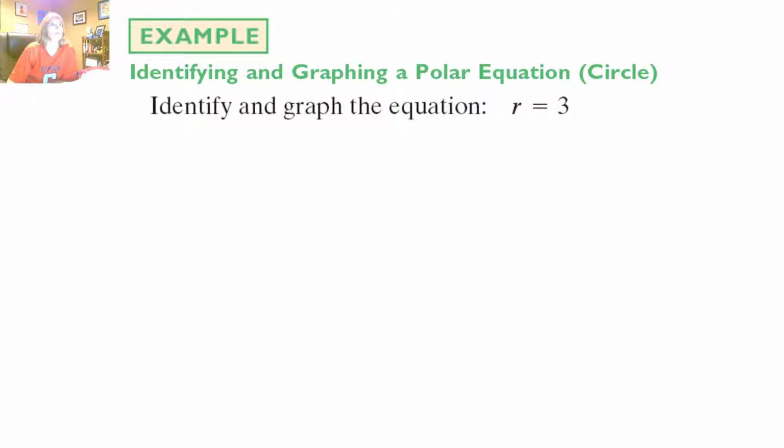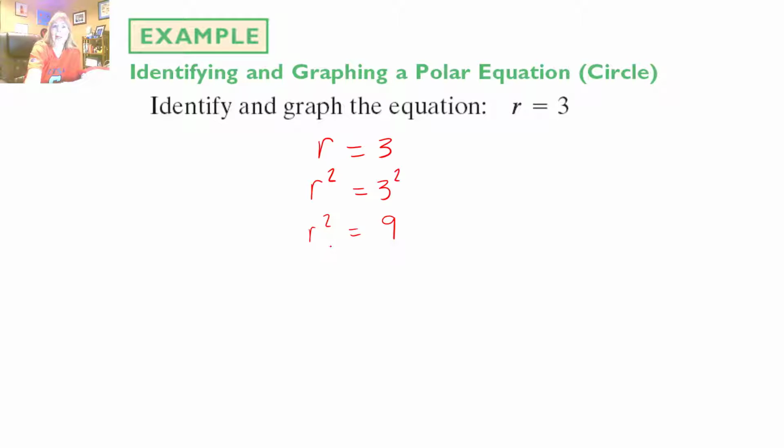All right, let's do one of these. I want to identify and graph this equation, r equals 3. Well now, what if I squared both sides? Remember that nice little algebra: you do something to one side, you have to do it to the other side.